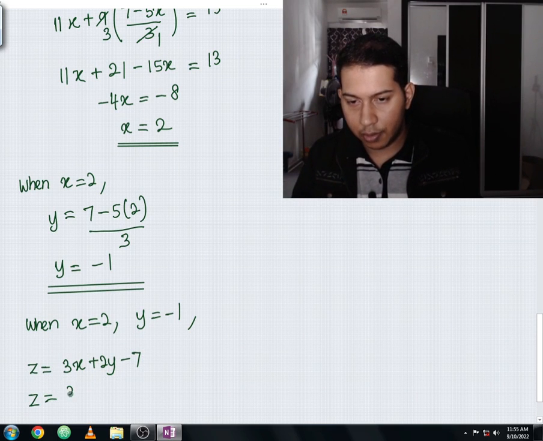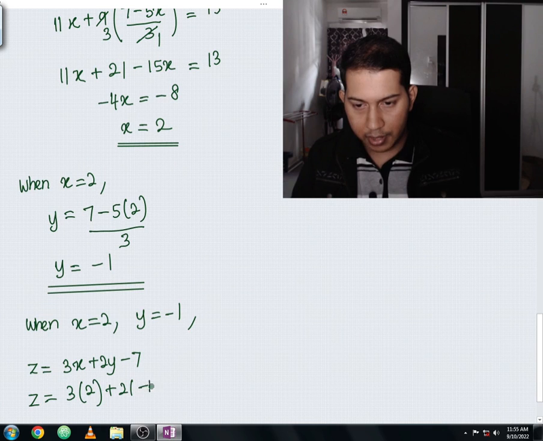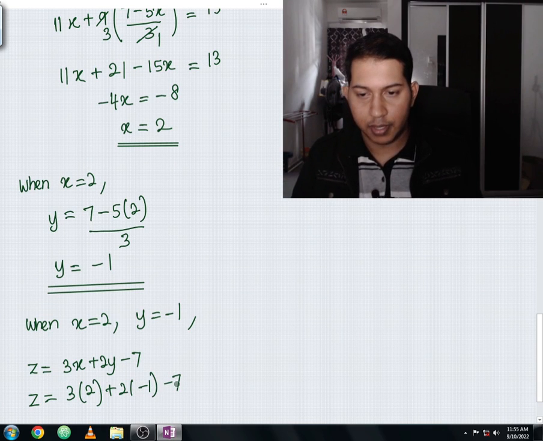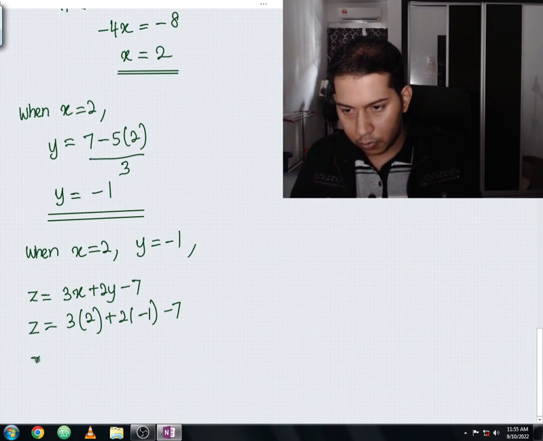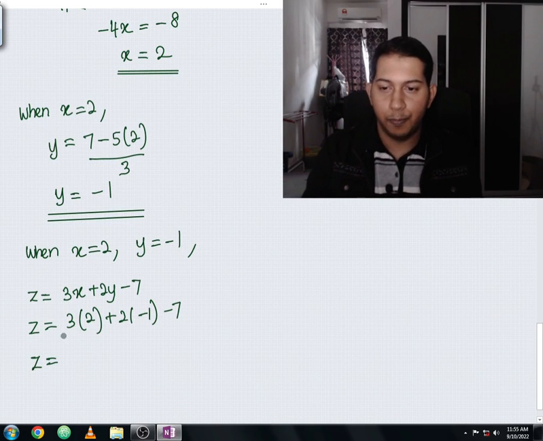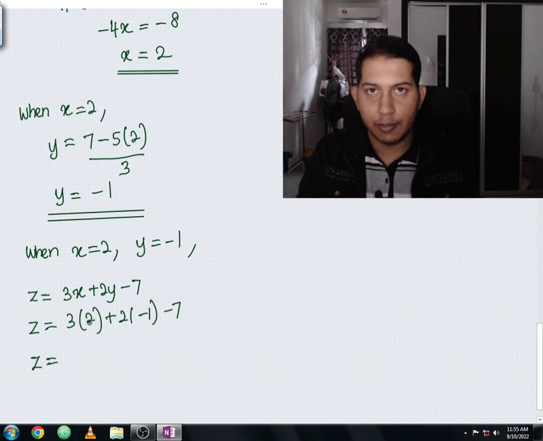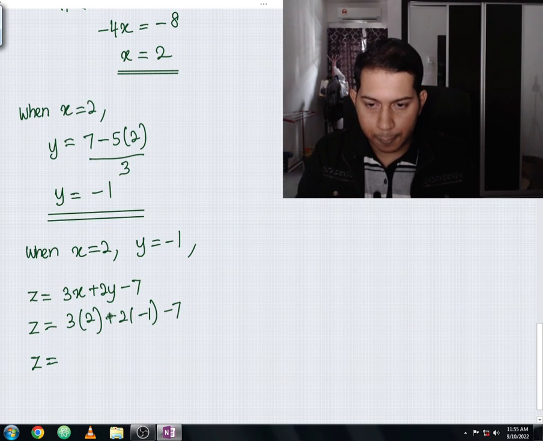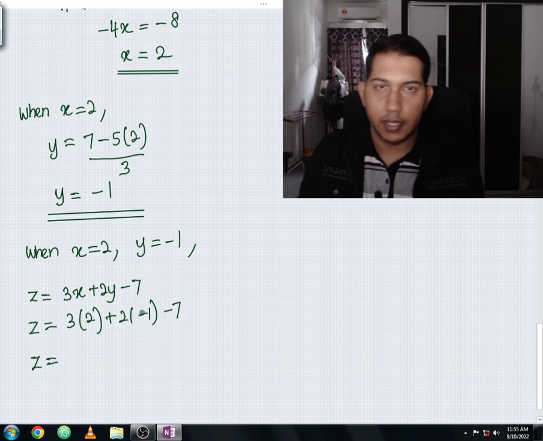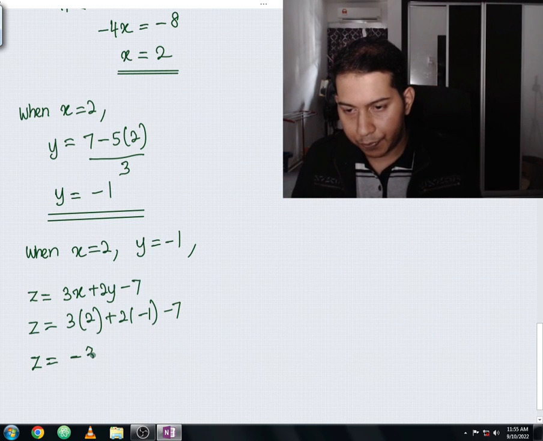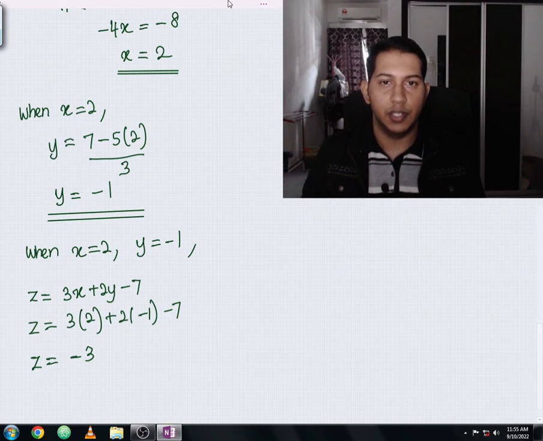So z equals 3 times 2 plus 2 times negative 1 minus 7. Let us calculate this together. 3 times 2 is 6. 6 plus negative 2 you get 4. So 4 minus 7 is negative 3. So this is your third solution.